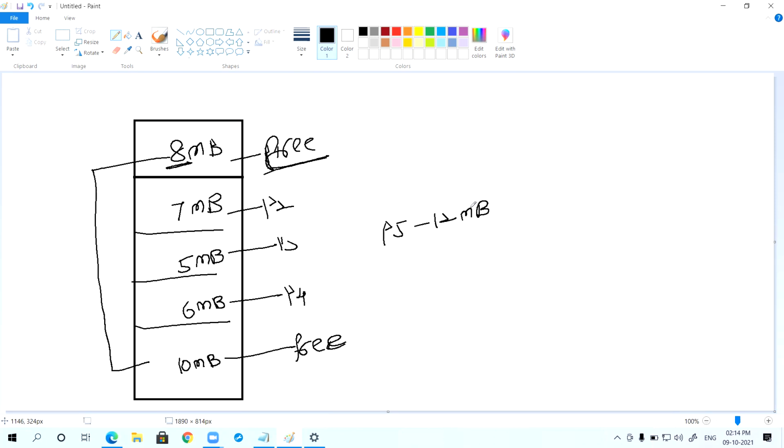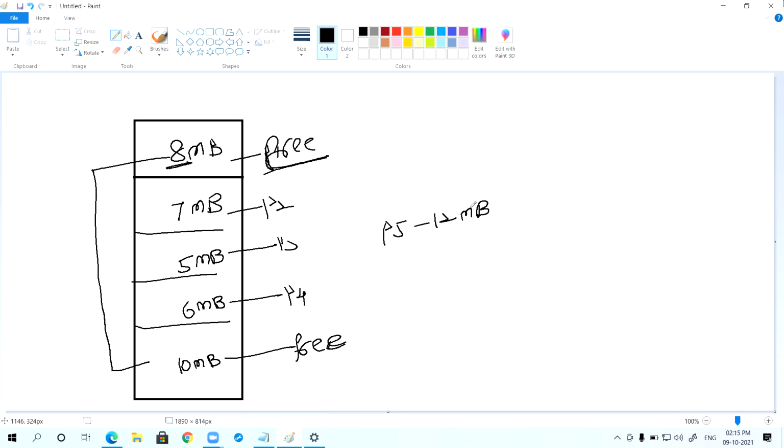Throughput means the number of processes completed within a unit of time. Now throughput suffers.